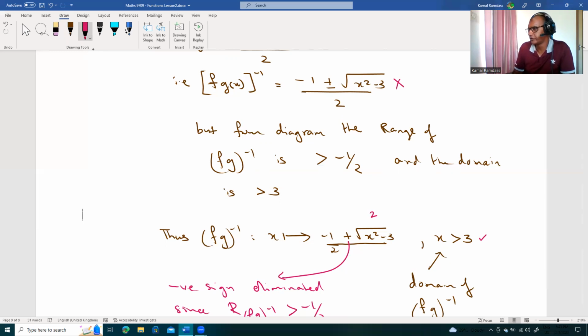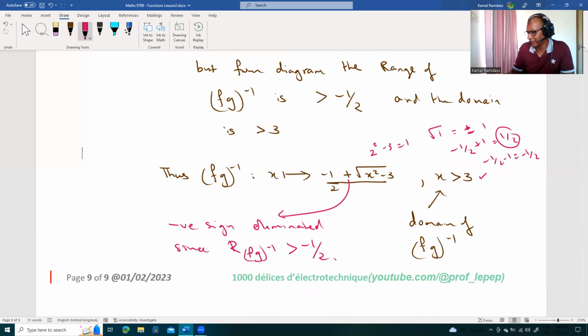Ça veut dire 2 to the square mean 4, 4 minus 3 mean 1. OK? Root de 1 est égal à plus ou minus 1, logiquement. Et minus half plus 1, moi gagne half. Minus half, minus 1, moi gagne minus 3 by 2. Et quand il half, est-ce que il est plus grand que minus half?